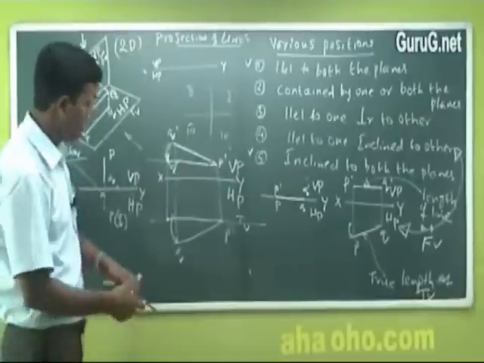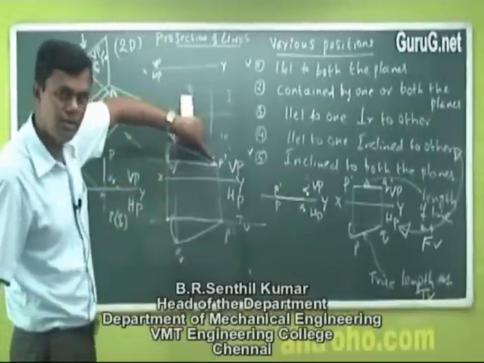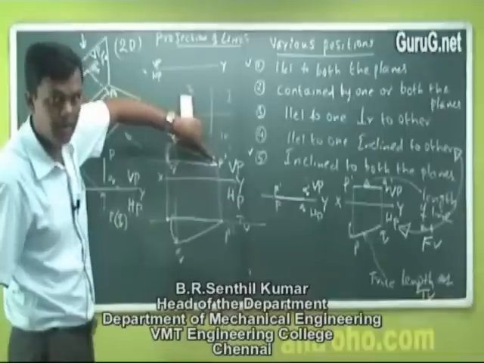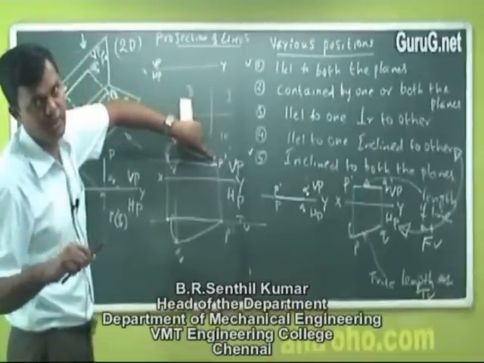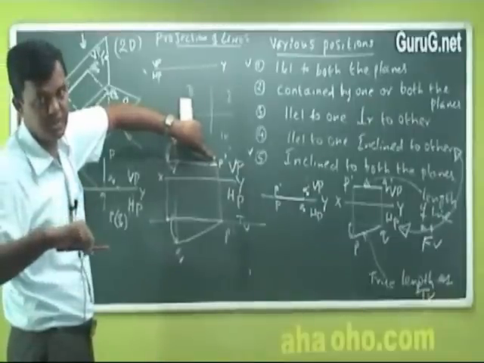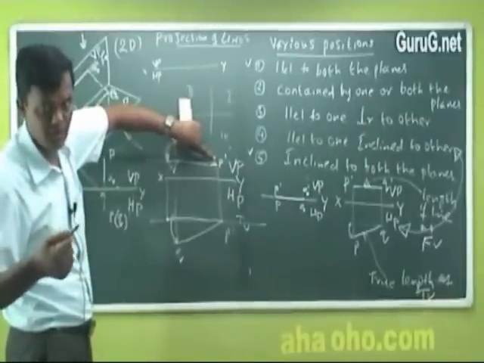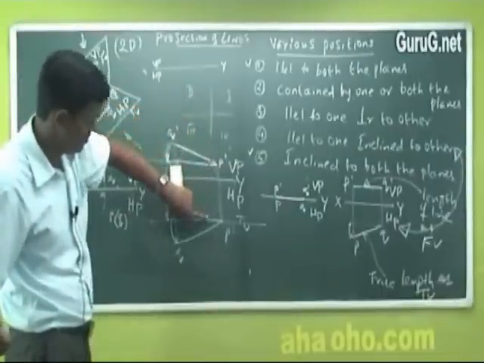I mean to say, in the front view, if it is inclined, to make it a straight line, you know that you may not have a true length at all places. You should find its foreshortened or extended length. You rotate it here and bring it down.